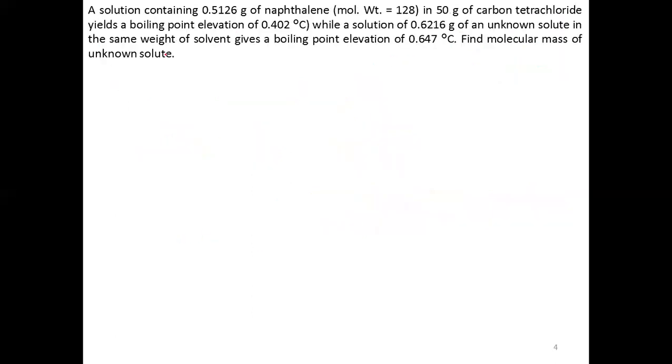It states that a solution containing 0.5126 grams of naphthalene, whose molecular weight is 128, in 50 gram of carbon tetrachloride yields a boiling point elevation of 0.402 degrees Celsius, while a solution of 0.6216 gram of unknown solute in the same weight of solvent gives a boiling point elevation of 0.647 degrees Celsius.